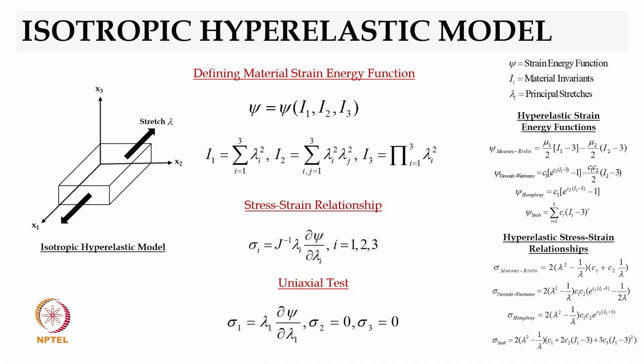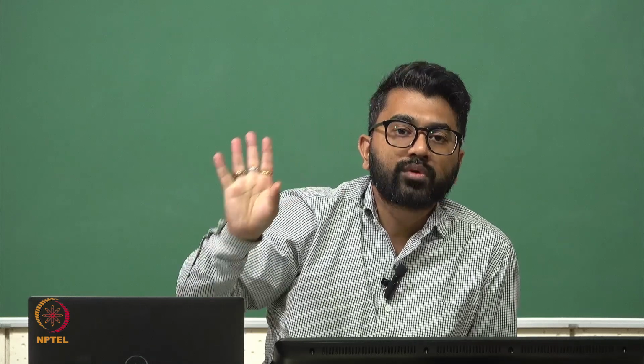So here we have the strain energy density function, which is psi, with material invariants I, and lambda as the principal stretches. I1 is given by the summation over i from 1 to 3 of lambda i square. So I1 is basically lambda 1 square plus lambda 2 square plus lambda 3 square. It's just a mathematical summation function.